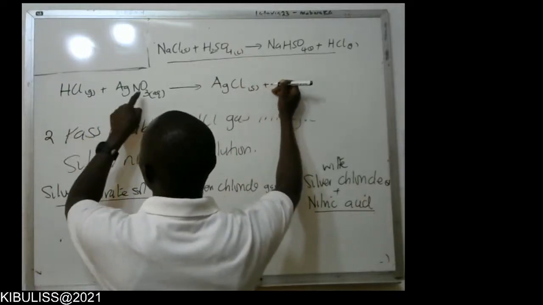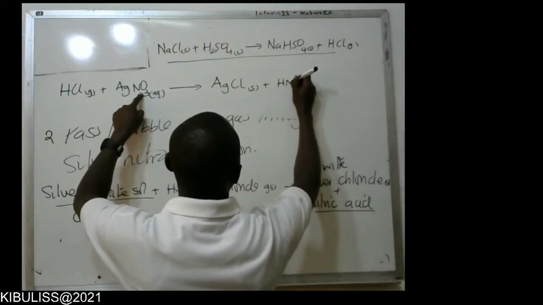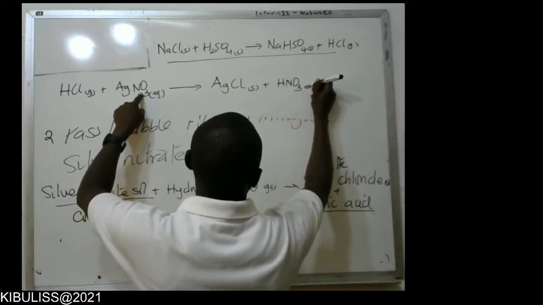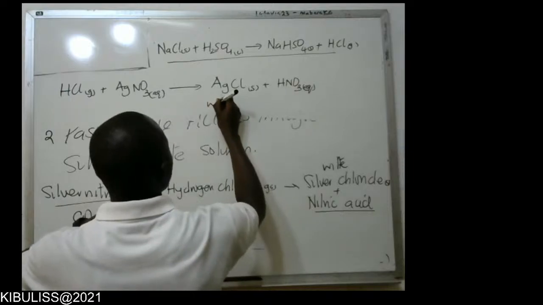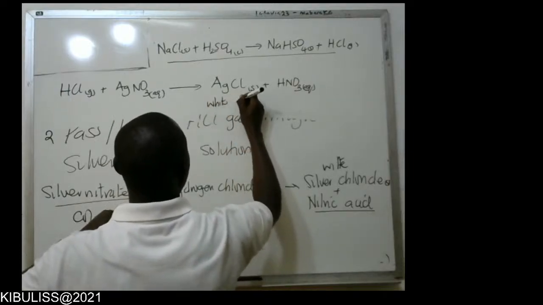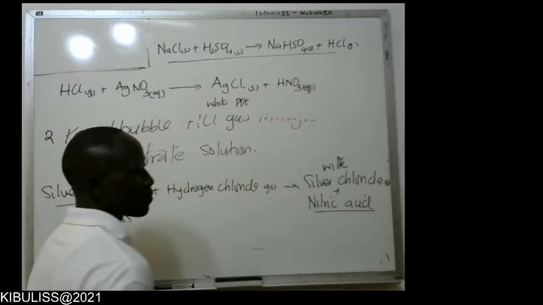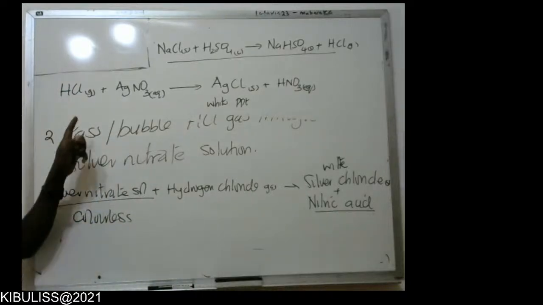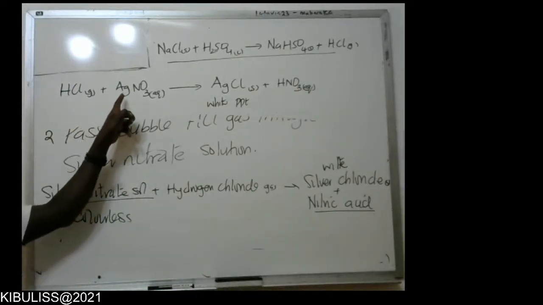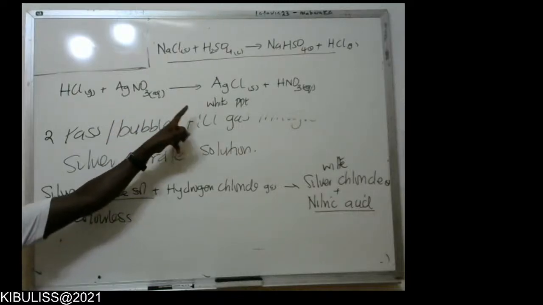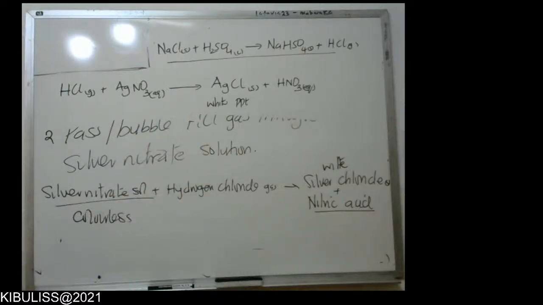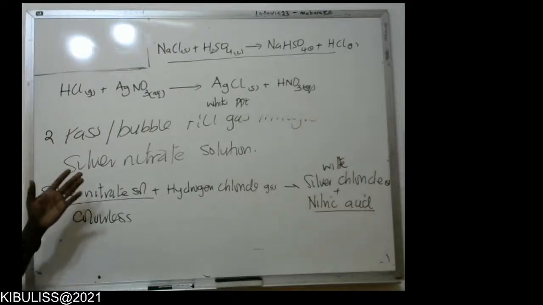The hydrogen and the nitrate give us nitric acid, which is aqueous. So what do we see? The observation is we see a white precipitate. Wherever there is a chloride and there is a silver ion, we get an insoluble salt. Nitric acid is what is expected.